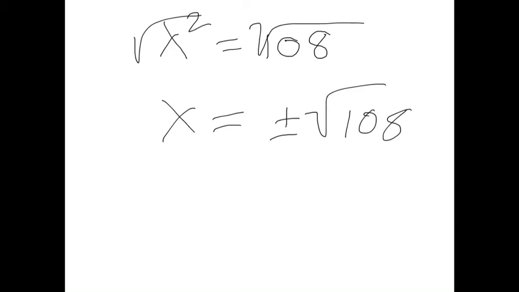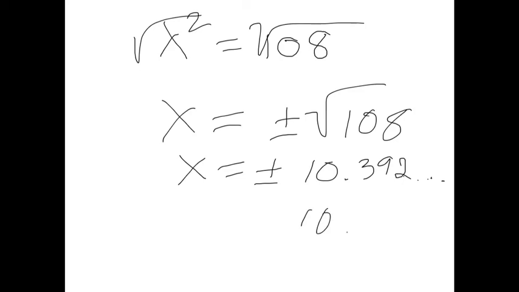If you were asked to round to the nearest tenth or hundredth, you would plug the square root of 108 into your calculator, and you would get plus or minus 10.39... So depending on what you were asked to round to, your answer would either be 10.39 because the next number happens to be a 2, or your answer would be 10.4, depending again on what you round to.